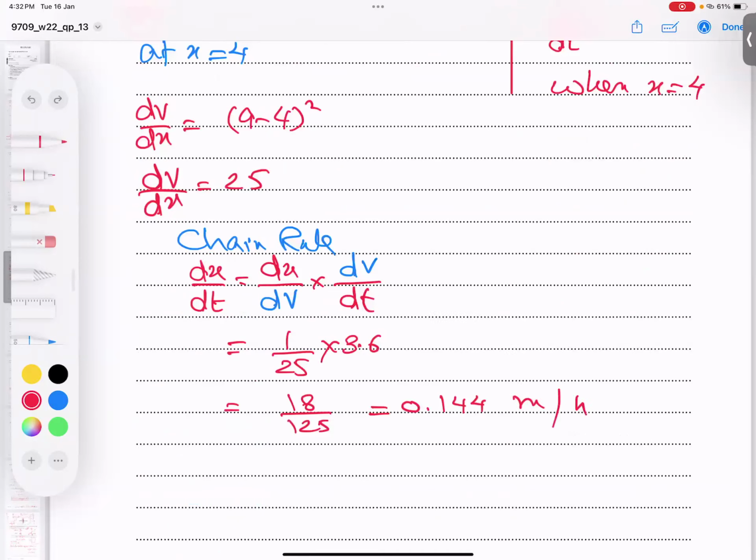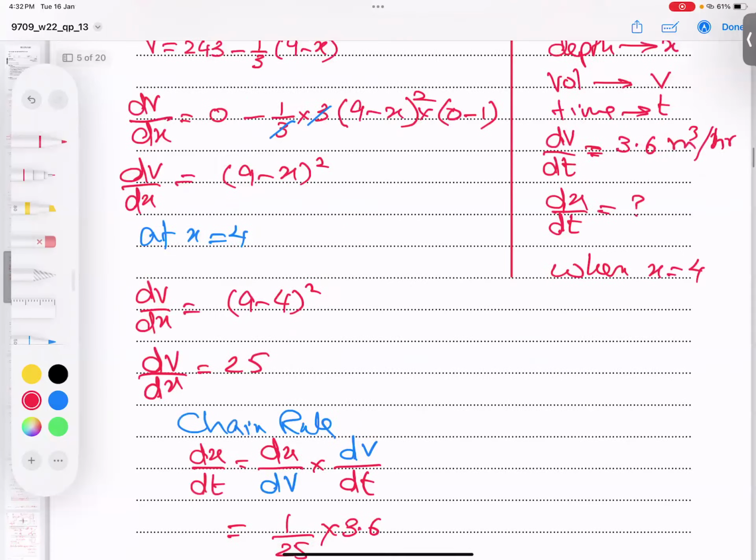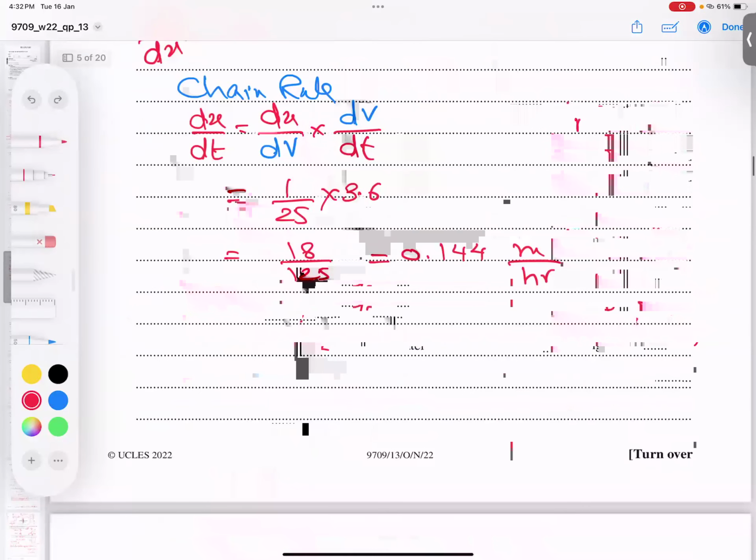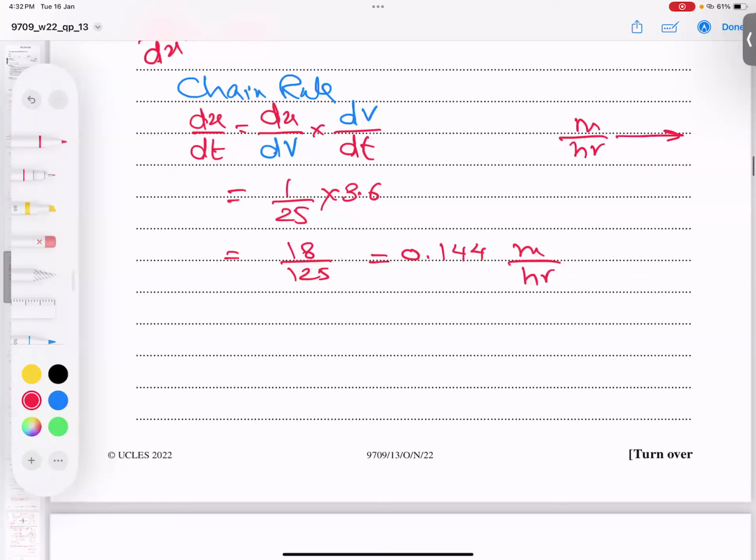Now the question comes whenever meter per hour appears. But he said very clearly that we should give the answer in centimeter per minute. So I have to convert meter per hour to centimeter per minute. Students, if you convert meter to centimeter, multiply by 100, and when I convert hour to minute, divide by 60.